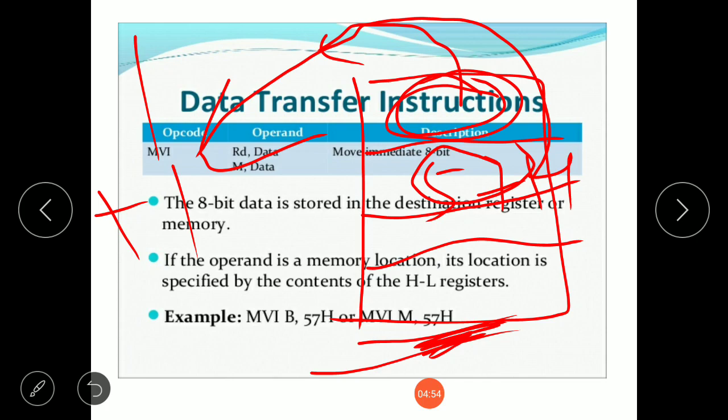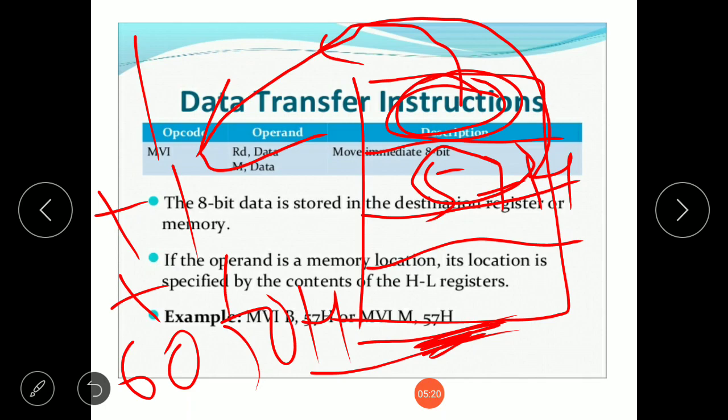Now once it gets the data, the microprocessor will come to know that it has to store the data in the memory location which is specified by the content of the HL register pair. Suppose the content of the HL register pair is 6050H, so the third machine cycle will be used for writing the fetched data, that is 57H, into the memory location 6050H.